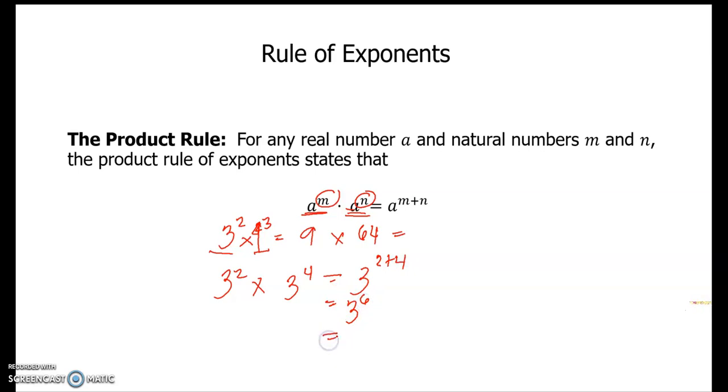Or simplify, 3 raised to 6 is equals to 729. Alright. So, ang sagot dito ay 729. So, this is the simplified answer for the example under product rule.